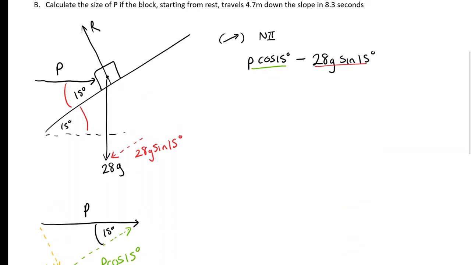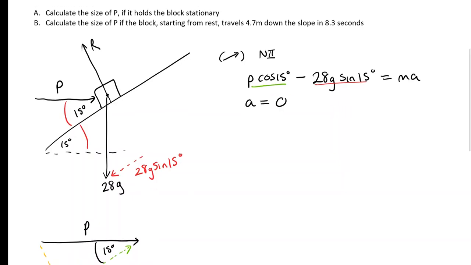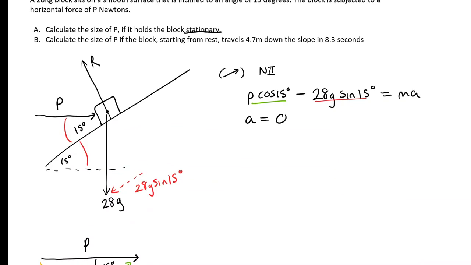Together, they are the only forces that act parallel to the slope, so they make the resultant ma. The only thing that's unknown here is P, as a is known to be 0. It's at rest, it's stationary. So P cos 15 degrees minus 28g sine 15 degrees is 0.